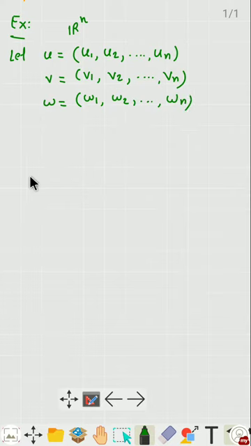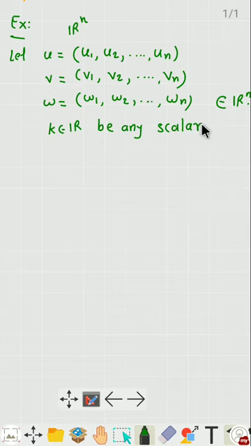So consider these three vectors in Rn, and let k belong to R be any scalar. Now let us try to prove all these four properties.